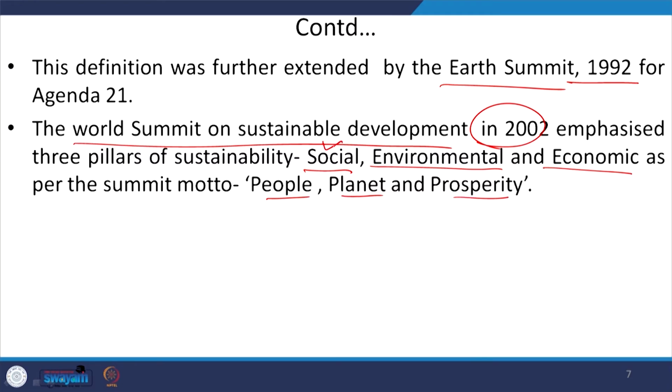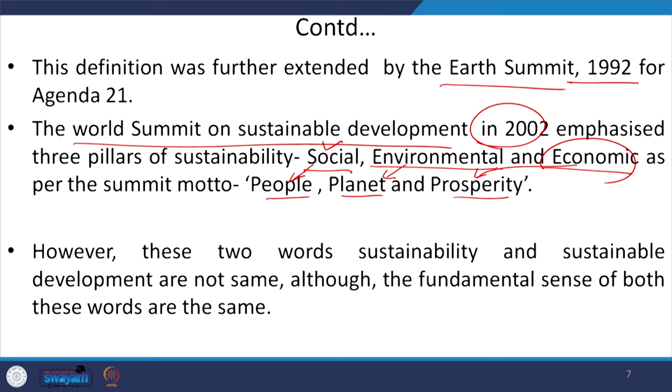So, social sustainability means satisfying the people's societal aspects. And when you are saying environmental sustainability, it is related to the planet itself. And when you are saying economic, it is related to the prosperity of human beings. So, this is how the very concept of sustainability has been extended by the Earth Summit in 92 as well as the World Summit on Sustainable Development in 2002.